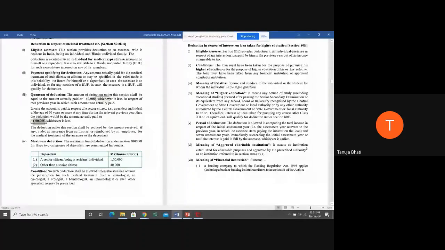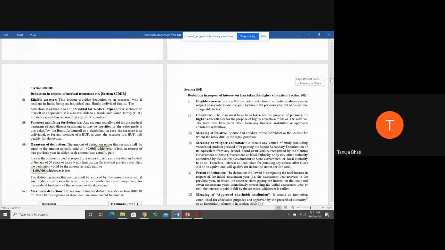And if he is a senior citizen, he will get a deduction of 1 lakh rupees. So let us see the maximum limit of deduction under section 80DDB. For a senior citizen being a resident individual, 1 lakh rupees, and other than senior citizen, the limit is 40,000 rupees. So did everyone understand the deduction under section 80DDB? Yes, ma'am.